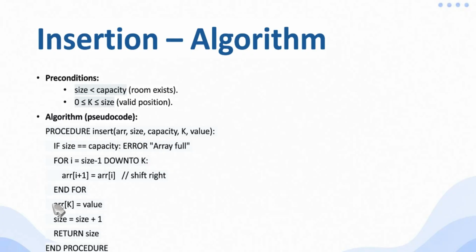Then the array's kth index value is replaced, inserting the new value. And the size of the array becomes size plus 1. Then end the process. Just like in the previous example, this is the algorithm for insertion.